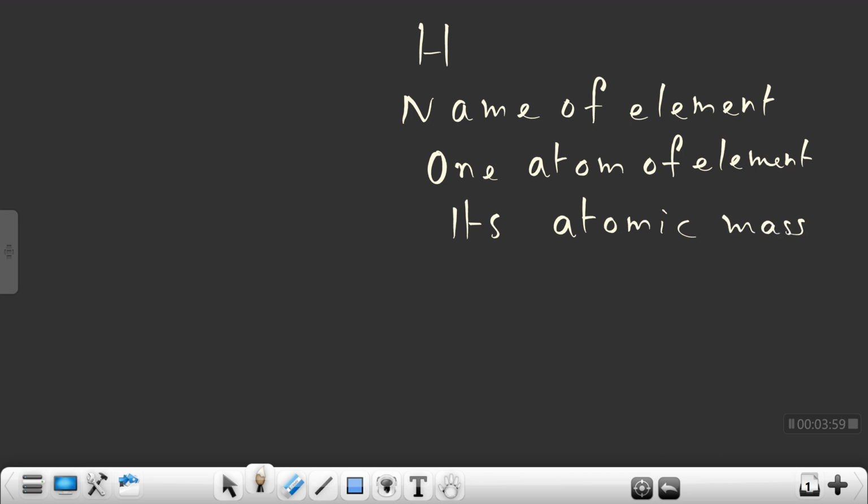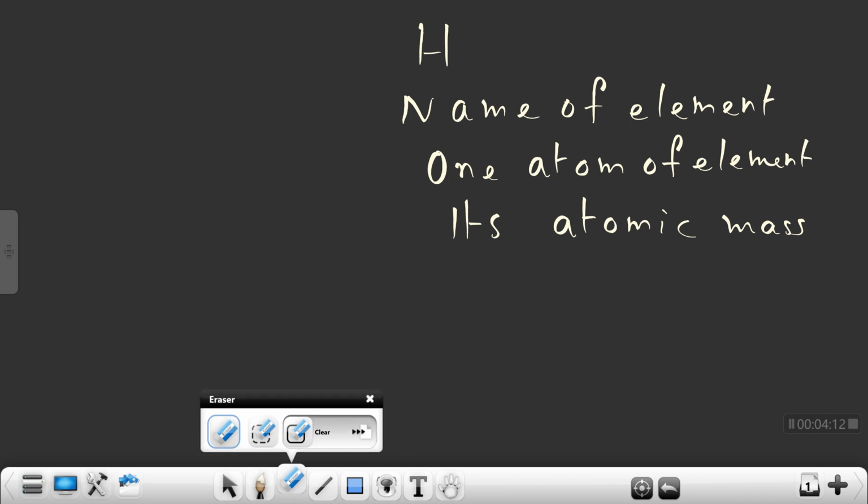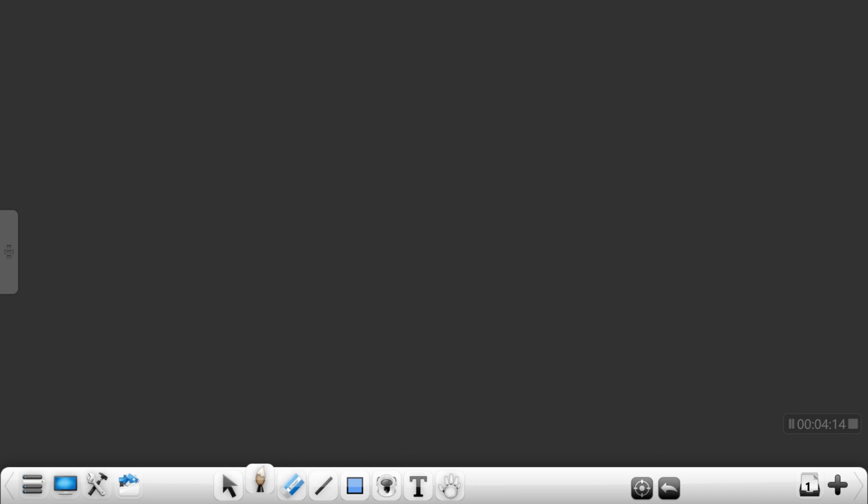So, from the symbol of the element, we can understand name of the element, 1 atom of the element, and its atomic mass. Similarly, this symbol of carbon is C. That means it represents the element carbon, 1 atom of carbon, its atomic mass 12 gram.